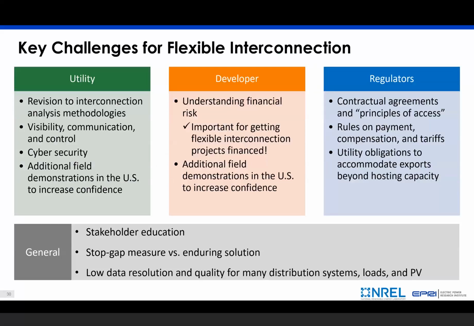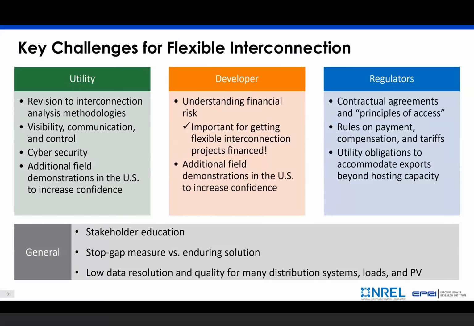So some of the challenges that still remain related to flexible interconnection can be grouped into various stakeholder groupings. For utilities, obviously these new arrangements may require revisions to conventional interconnection methodologies and some additional analyses that they aren't familiar with. So streamlining what those could look like can be important.